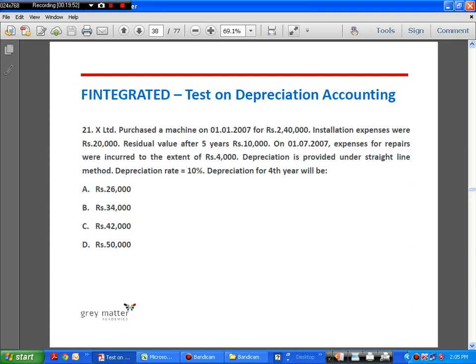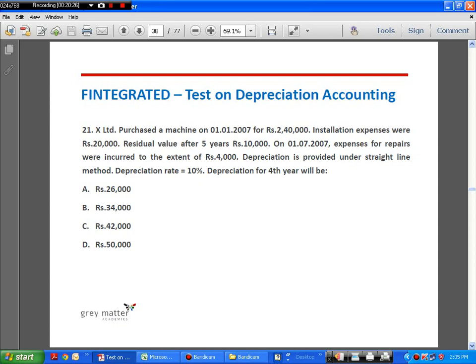Okay, it should be depreciation is provided under the WDV method, and they're asking us to find out the depreciation for the fourth year. Here the depreciation rate is 10%. When the rate of depreciation is given to us, we should ignore the information with respect to residual value, because when we calculate the depreciation rate, we have already taken into account the value of the scrap or the salvage value that is expected to be realized at the end of the life.